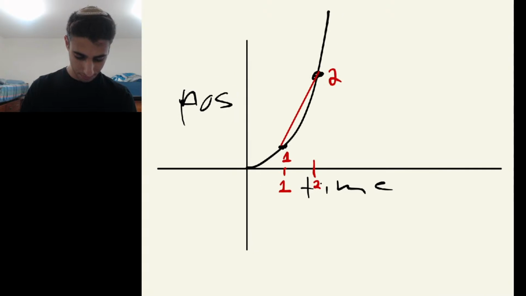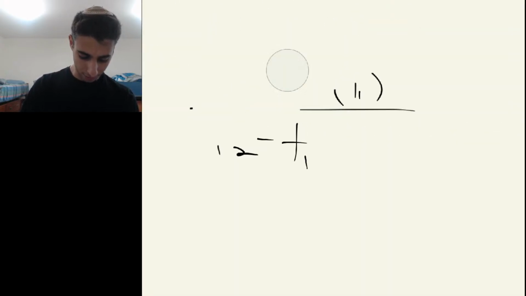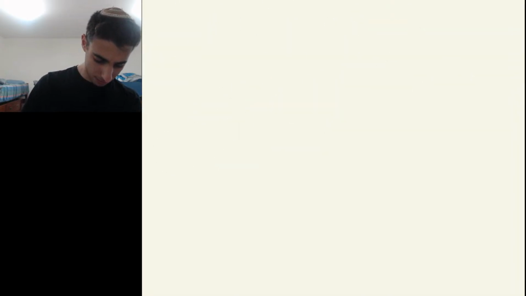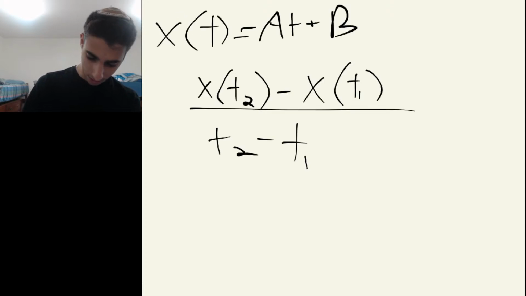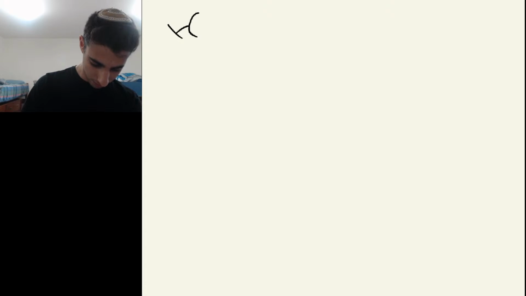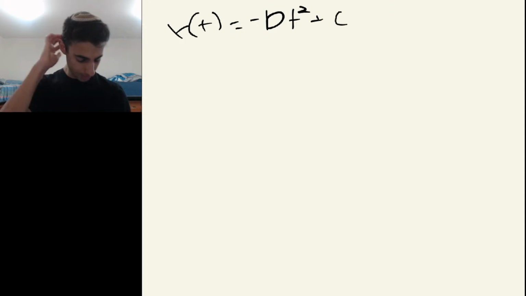So again, let's imagine our function, displacement x of t, that's how we said that. x of t equals negative d t squared plus c. So that's this as a limit.